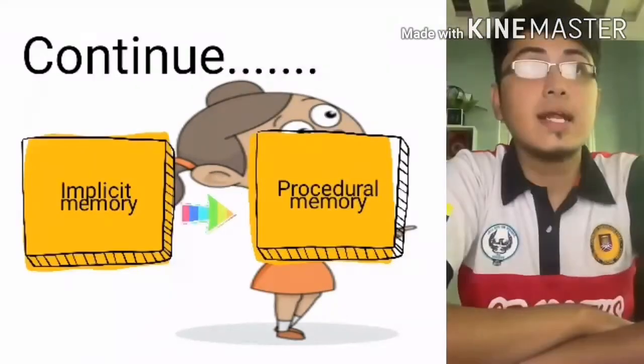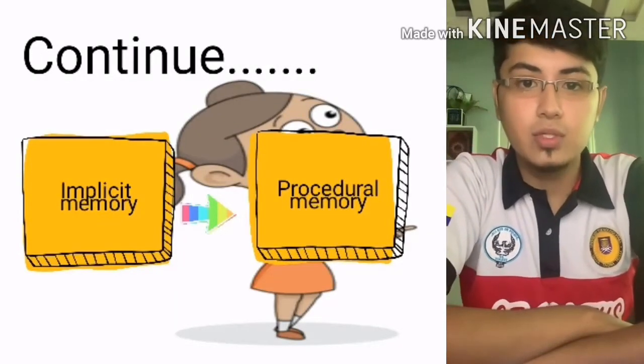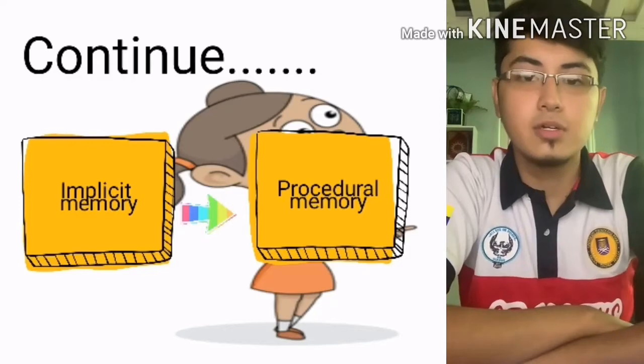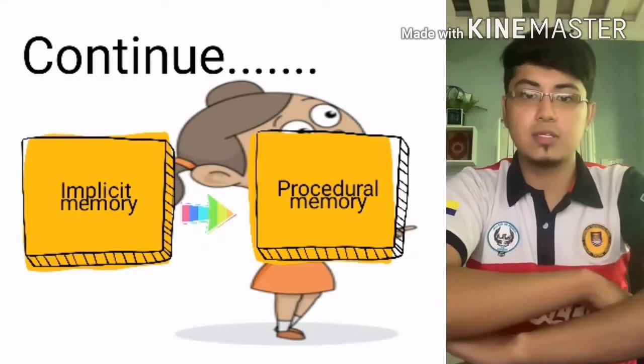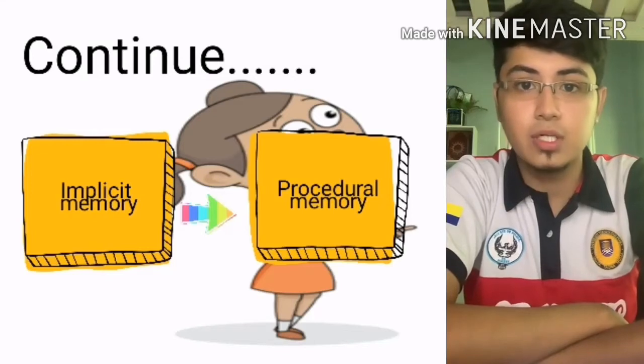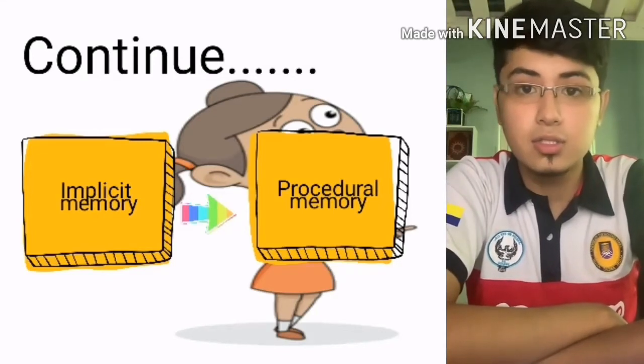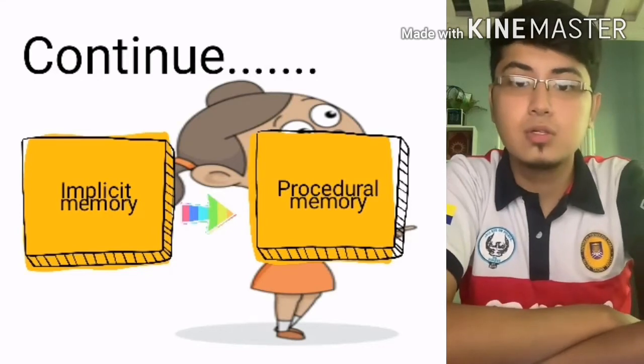Okay, for the last slide, there are two types of memory, which are implicit memory and procedural memory. First is implicit memory, the second major type of long-term memory. Explicit memory is also included under long-term memory. So how does it work?